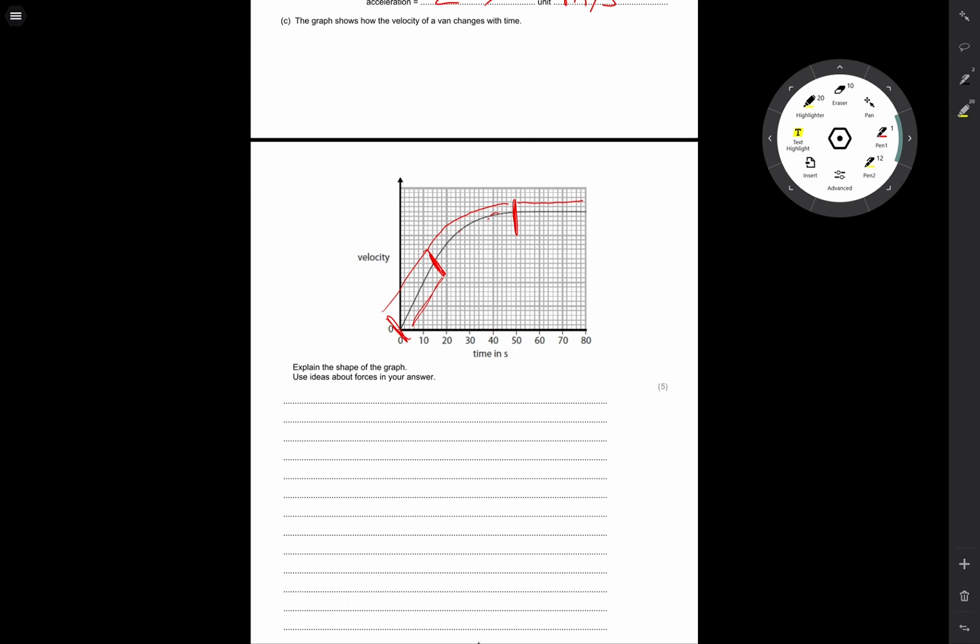Initially, they might even go all the way to 20 here, but I'm more attuned to around 18 or so. Between 0 and 16 seconds, we've got constant acceleration, with our velocity increasing.